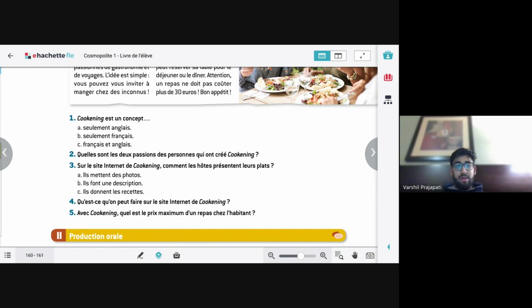The third would be ils mettent des photos.